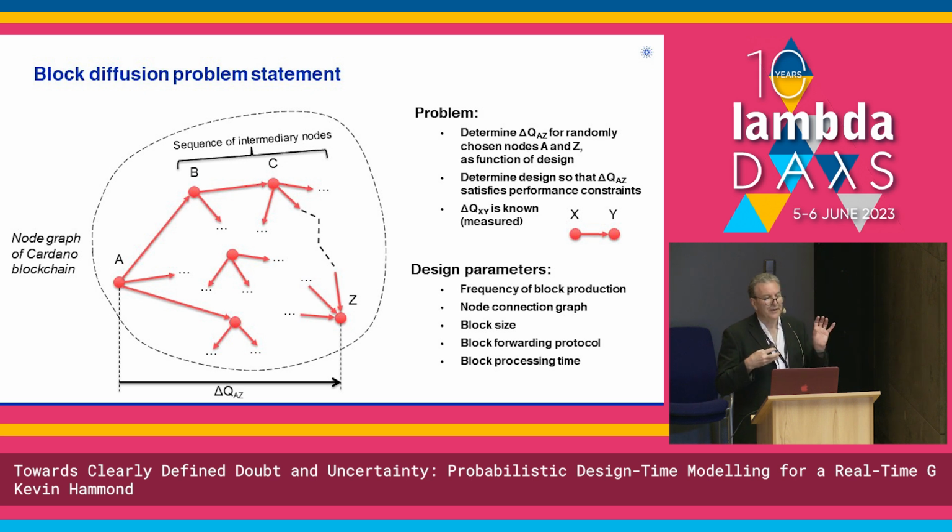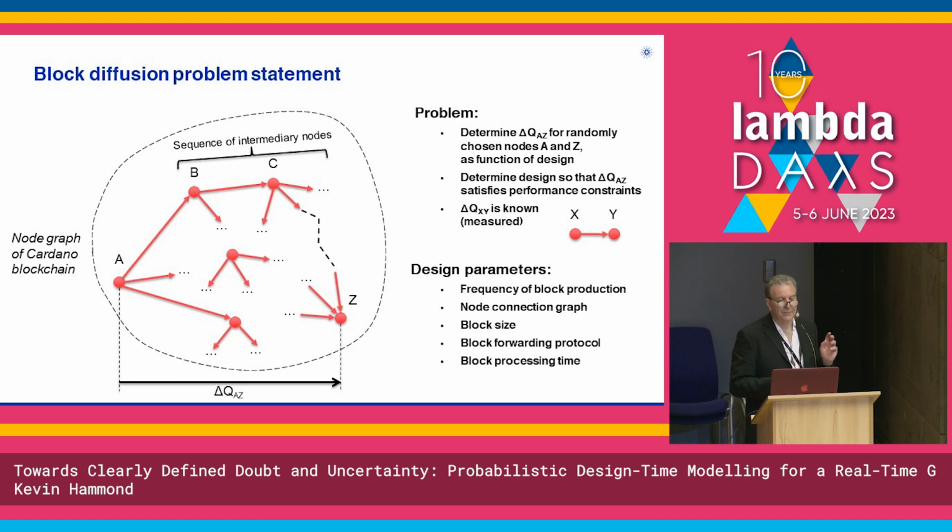So what we need to do is to determine the delta Q between A and Z for 2 randomly chosen nodes, and determine a design so that the delta Q overall satisfies the performance constraints, where the good thing is you can measure the delta Q between 2 points. So you can actually look at 2 points in the system and say, well, what's the delta Q between point B and C, for example, and then use this compositionally to drive the overall design.